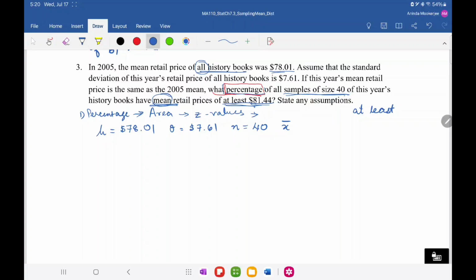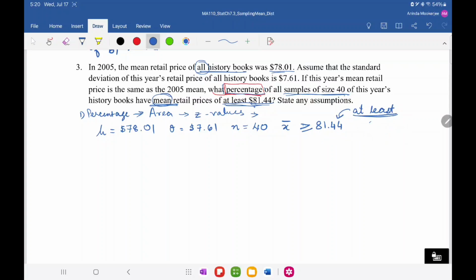It could be something higher than that, but it should not go lower than 81.44. So that means at least 81.44 means X bar is greater or equal to 81.44. That's what at least means. That means 81.44 is the lowest value.